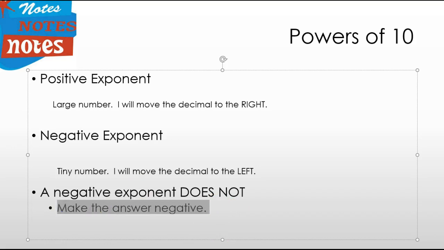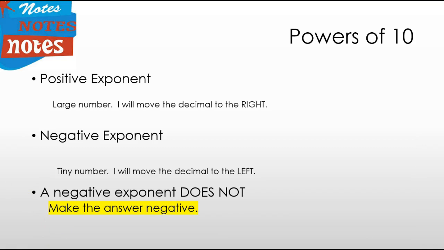Please write this. I want you to highlight this because that is the most common mistake that students make with these, is that they think that a negative exponent means that their answer is negative, but it doesn't. It just means that it's a really small, tiny number. So it's a fraction. It's a part of a whole.